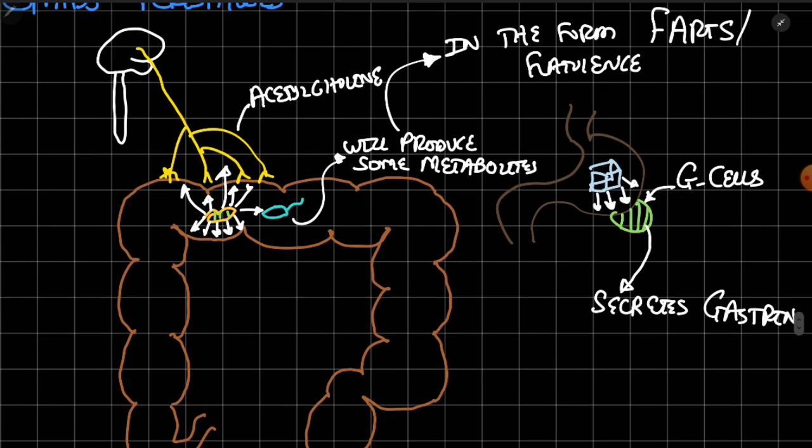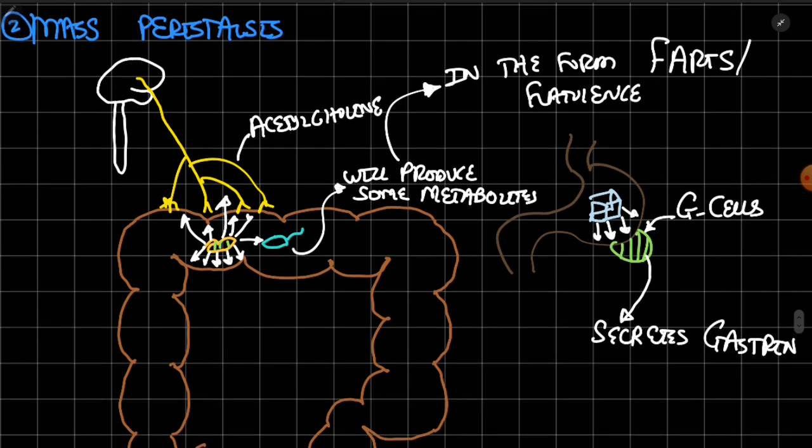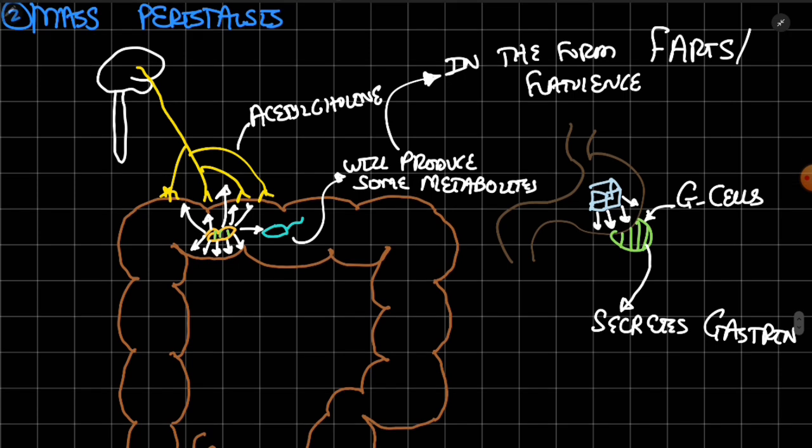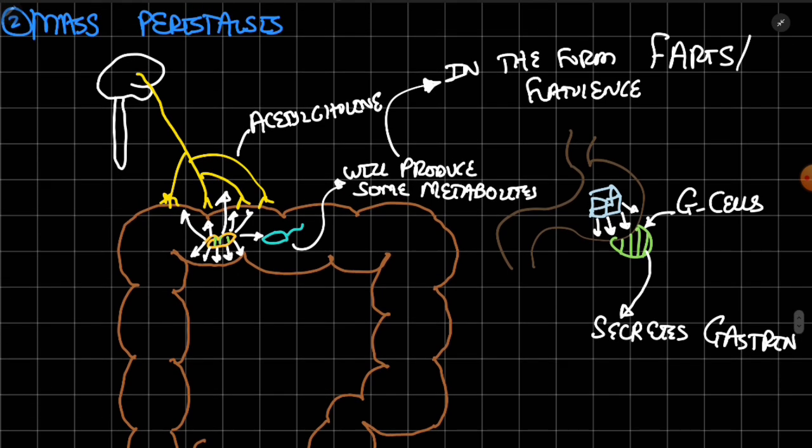And this acetylcholine further causes the muscular coat to contract, and also the inner muscles of the large intestine will contract, and further this mass peristalsis movement will occur.